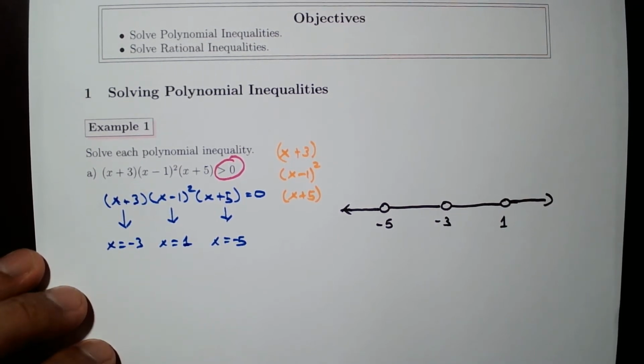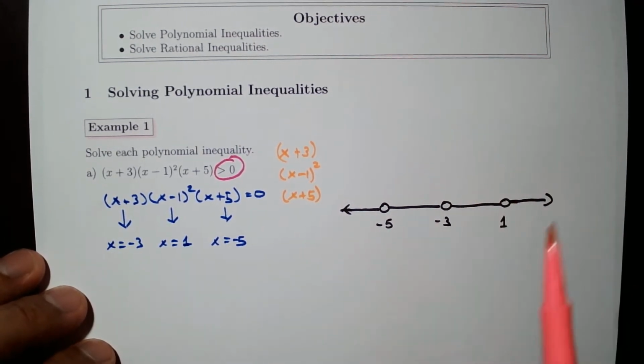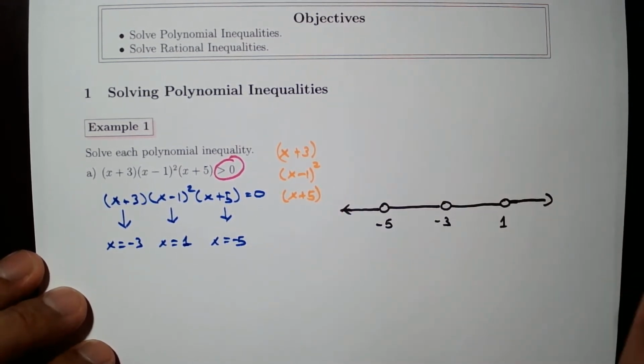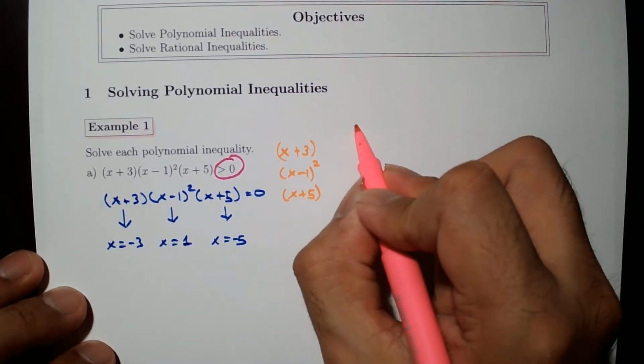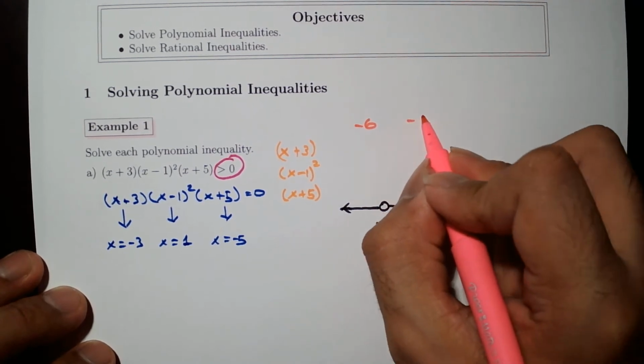And then we are going to choose a test value, a value that lies in each of the intervals. For example, here negative 6 is going to be a good number to test within that interval. Between negative 5 and negative 3, I'm going to use negative 4.